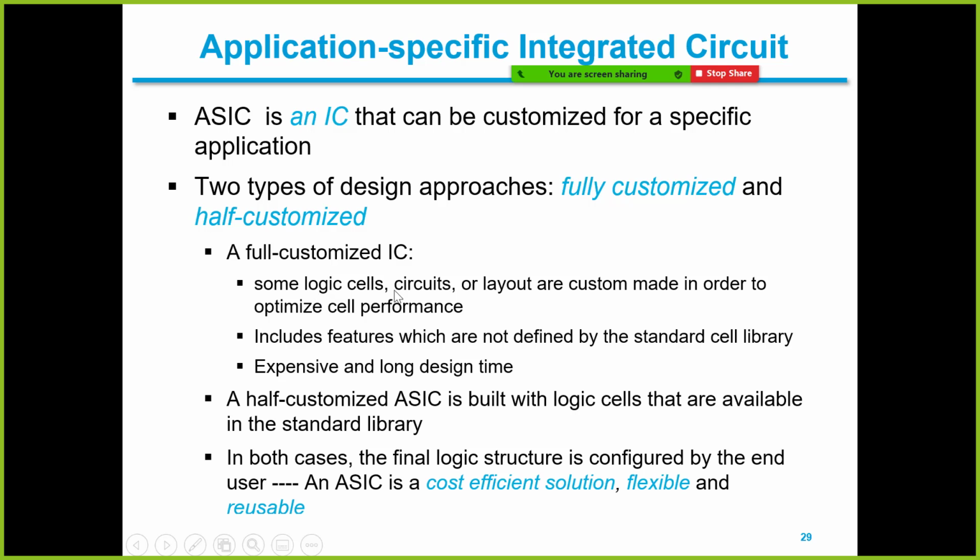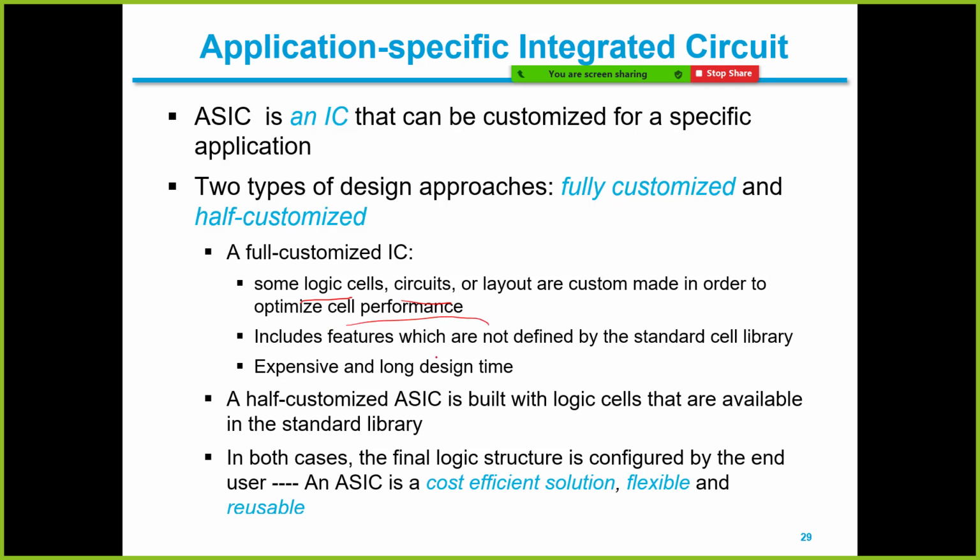Here are two types of ASICs. One is fully customized, and the other is half customized. So for the fully customized ASIC, logic cells, circuits, or layout are custom made in order to optimize cell performance.